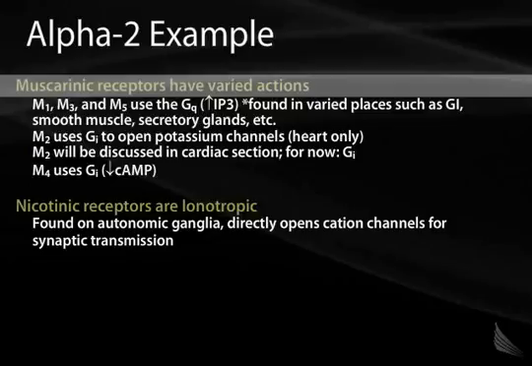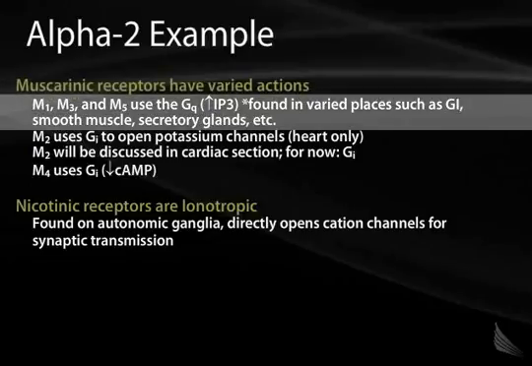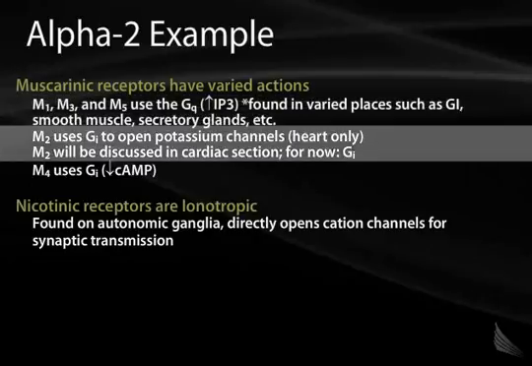Muscarinic receptors come in various subtypes. There are M1 through M5 that will concern us here. M1, M3, and M5 utilize the G sub Q system. The G sub Q system will lead to an increase in IP3 levels. These are the receptors found in the varied smooth muscles and various glands we've talked about today.